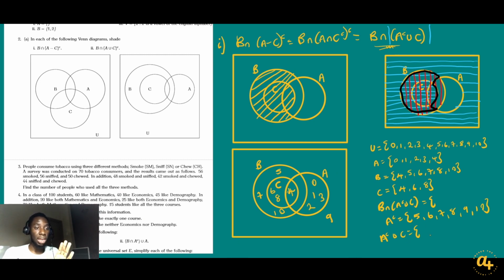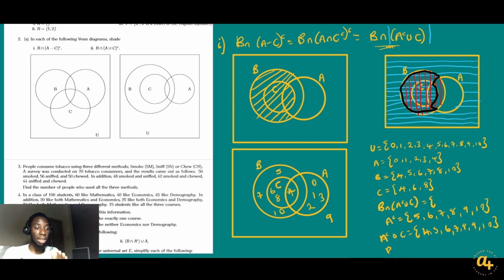We're just combining everything in the set C with everything in the set A complement. So we're going to have 4, 5, 6, 7, 8, 9, and 10. This is our A complement union C.